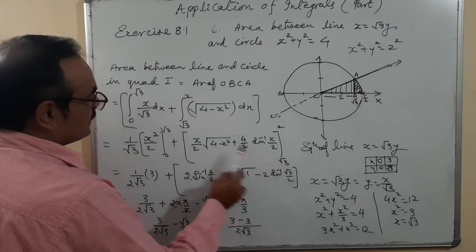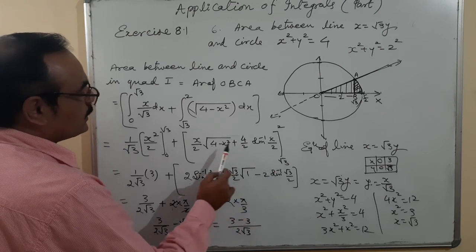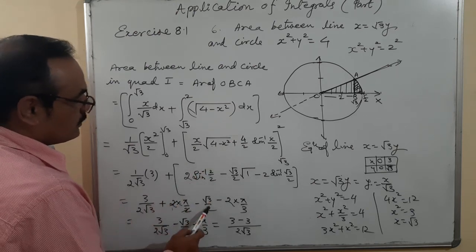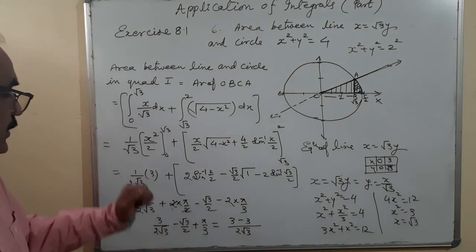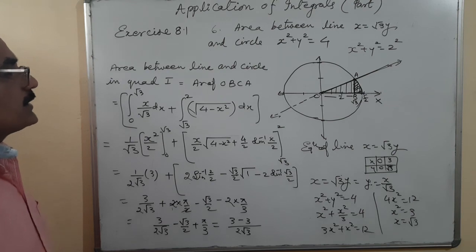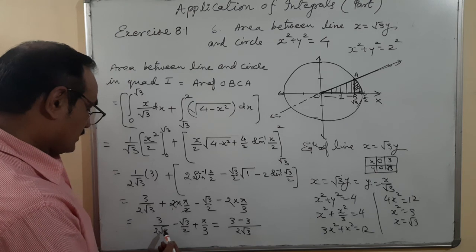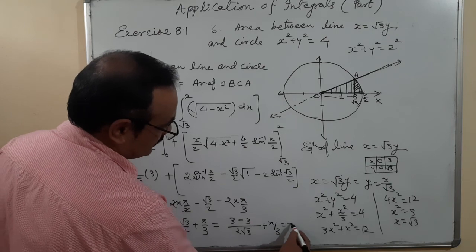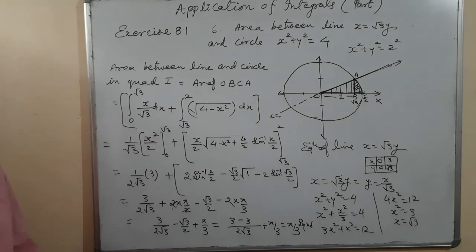Okay, minus root 3 by 2, and when I put here root 3, so 3 minus 1 or 4 minus 3, it is 1. Root 3 by 2 minus 1. Okay, so root 3 by 2, root 3 by 2 cancel, and finally the result is, these two terms cancel. Direct result is plus pi by 3. So result is pi by 3 square unit. Okay, got it? So this is the solution of the question.